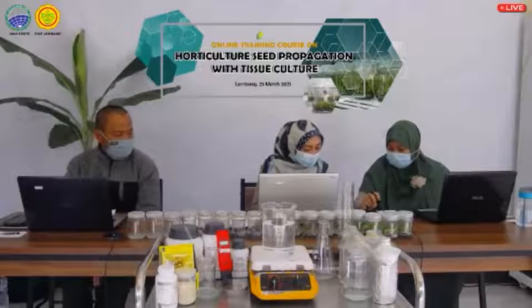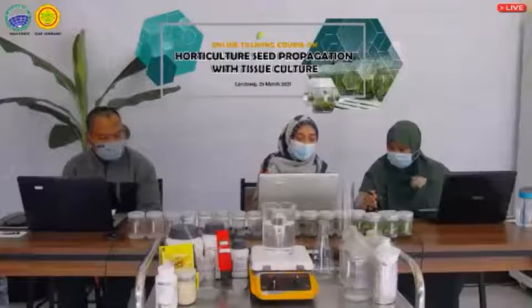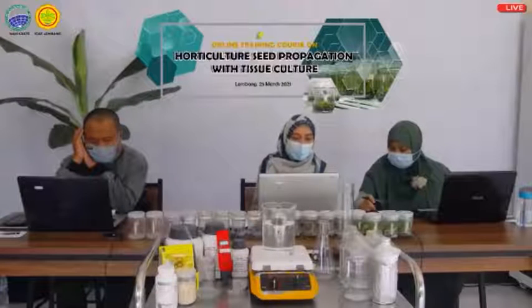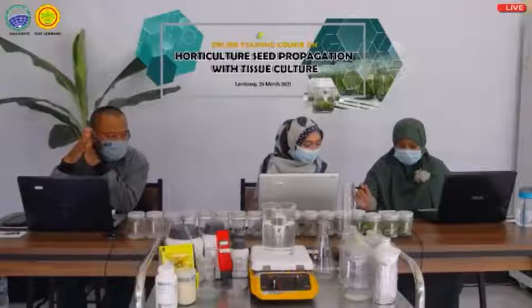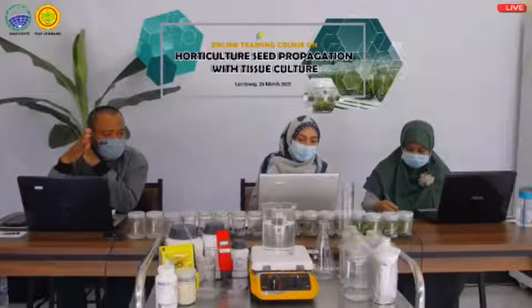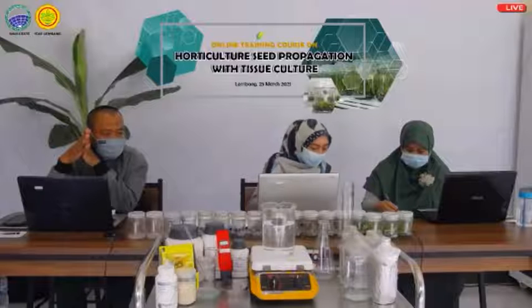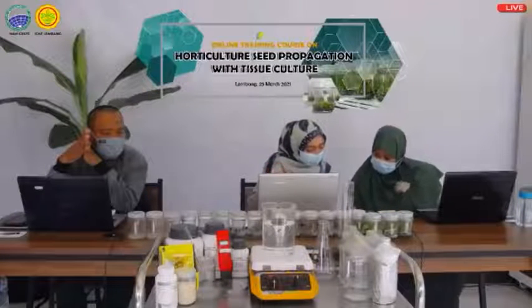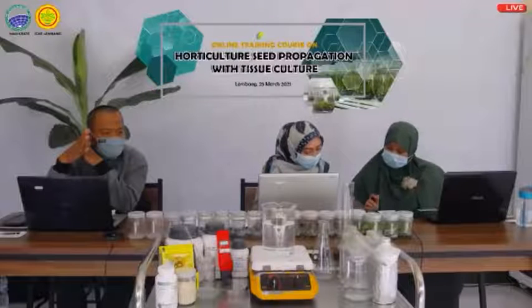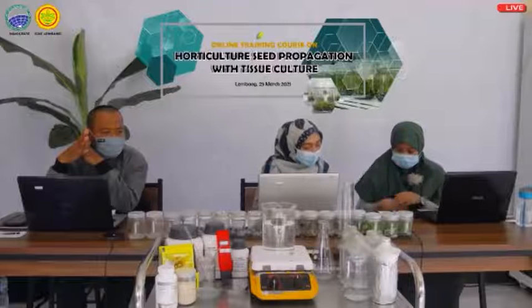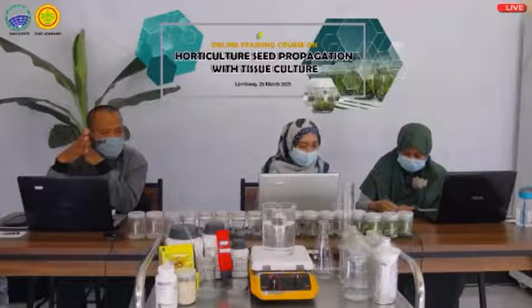If we're making media, after the distilled water goes inside the beaker glass, we add sugar and we check the pH. If the media is less than 5.8, we can add some sodium hydroxide.